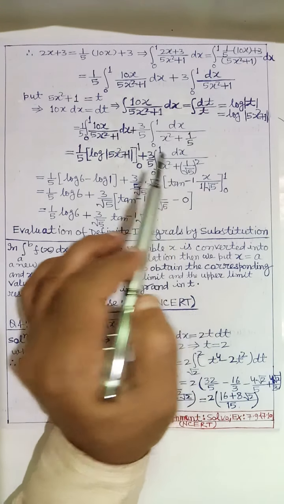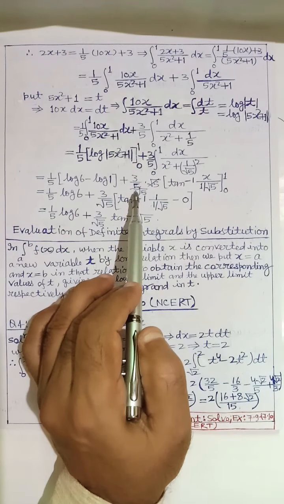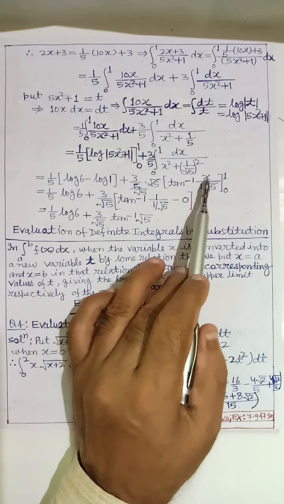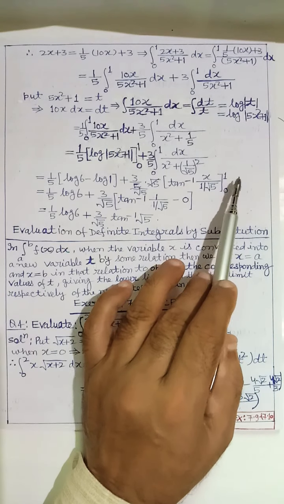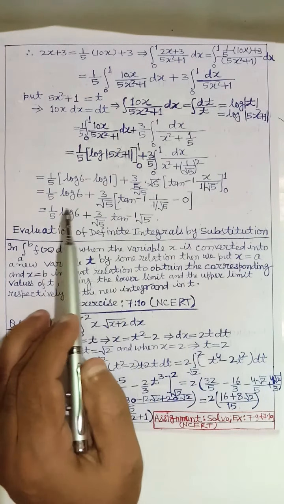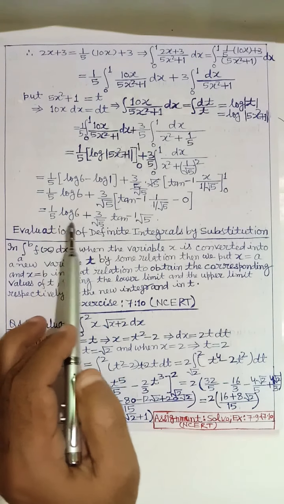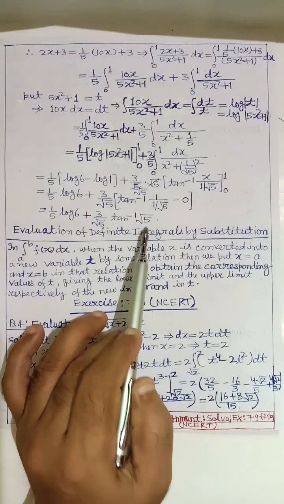Means using that result we can write this 3 by 5 into root 5 into tan inverse (x by 1 by root 5) and limits from 0 to 1, and here we solve. We get 1 by 5 log 6 plus 3 by root 5 tan inverse root 5.